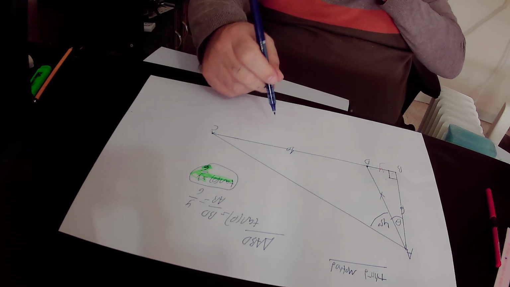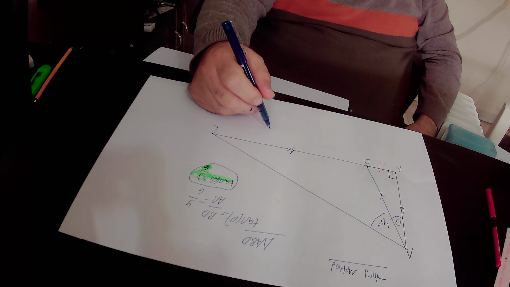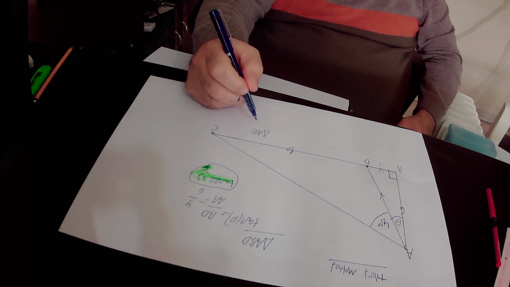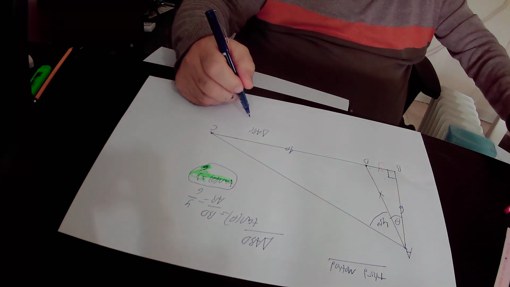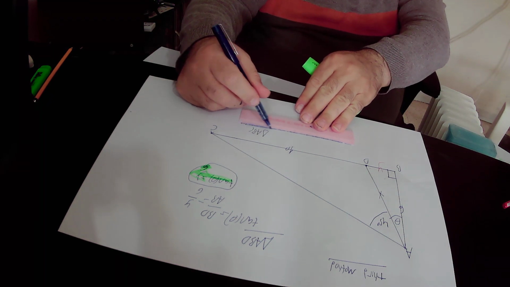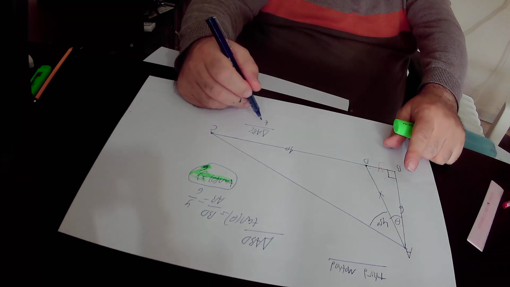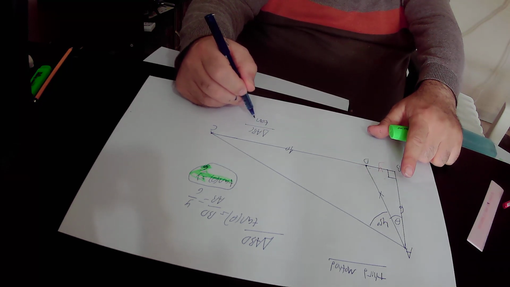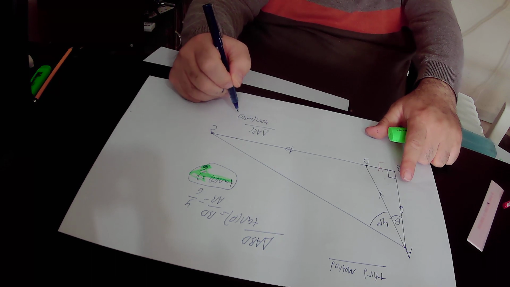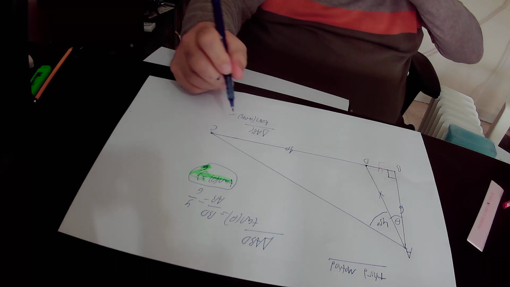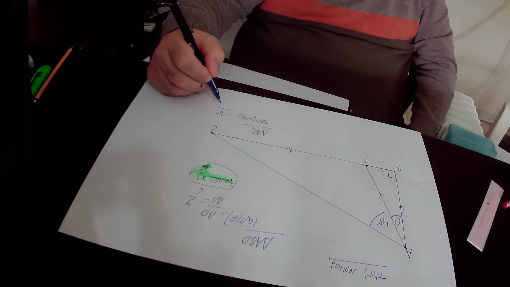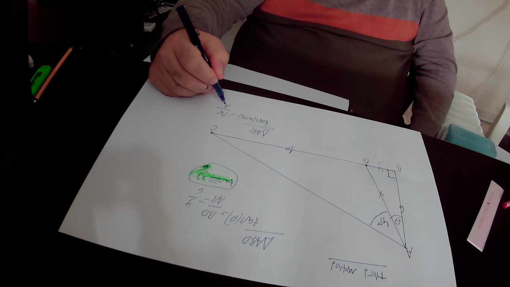In the right triangle ABC, here tangent of theta plus 45 degrees equals BC over AB.